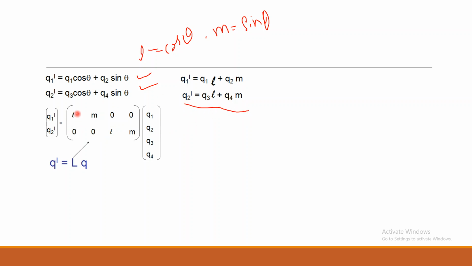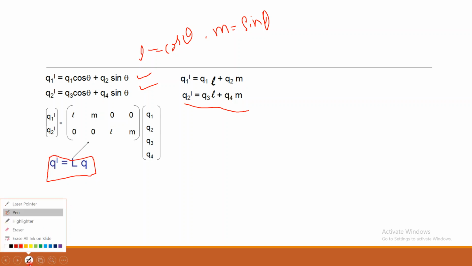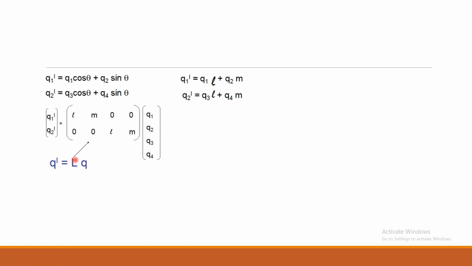This matrix we usually call the transformation matrix. This is the relation of the displacement in the local coordinate system to the global coordinate system, or the transformation relation. Okay, this equation is very important in further developments, so you need to remember this.